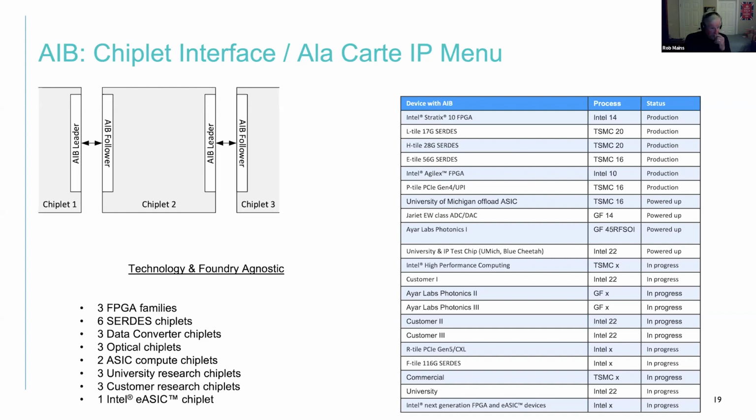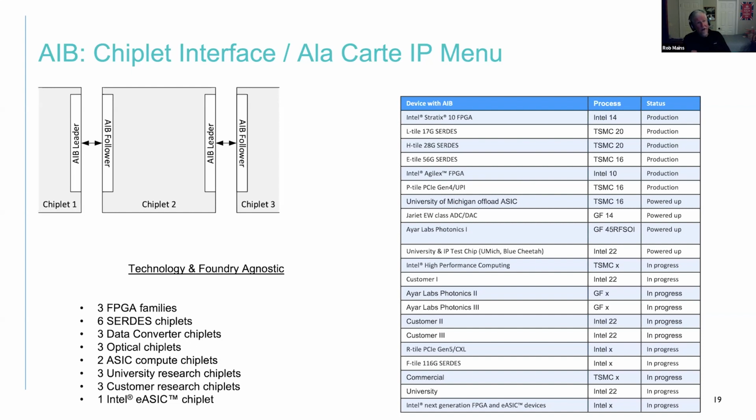So these different interfaces, AIB leader, AIB follower, can be placed upon a given chiplet or chip and then put in a higher level package. And this greatly simplifies the effort for a community if you're a business trying to build something, you can pick these things up. And there actually are businesses that are doing just that.